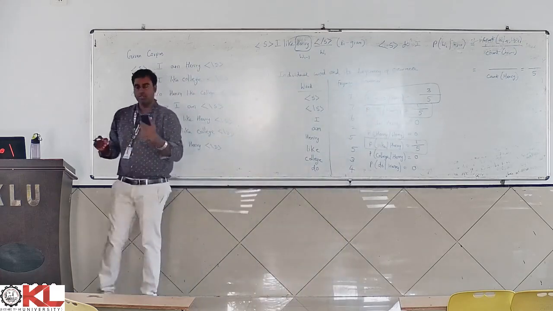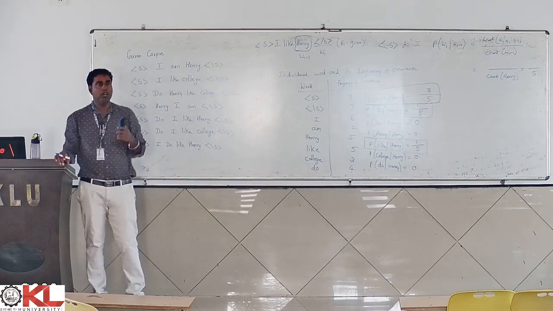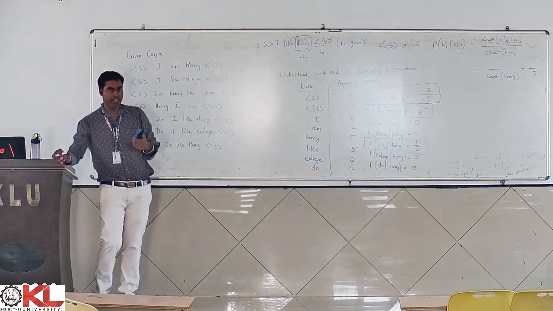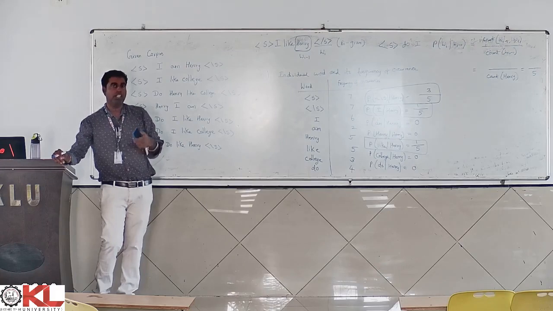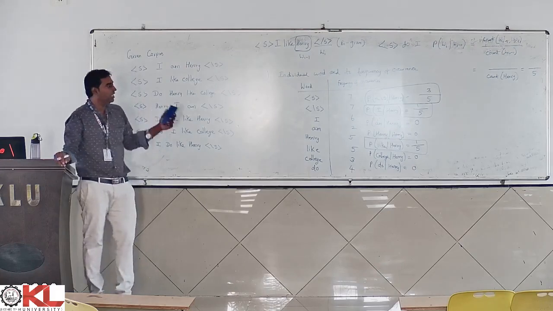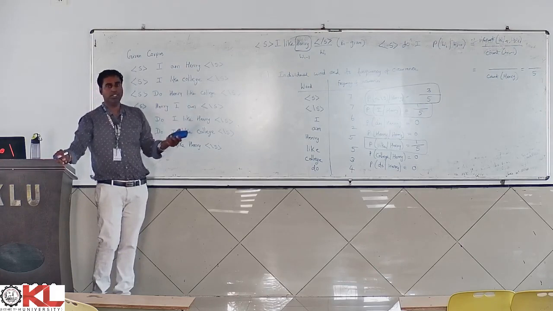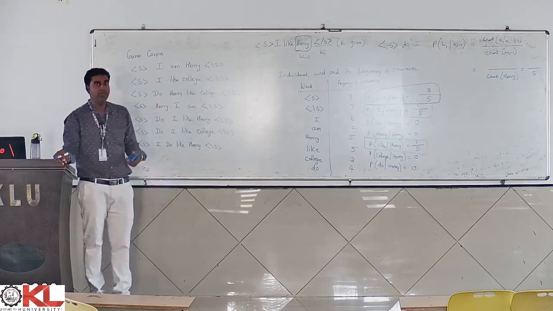Next we are going to check how we can predict the occurrence of a word using the trigram model. Till now we have discussed the bigram model. Now we are going to discuss the trigram model.